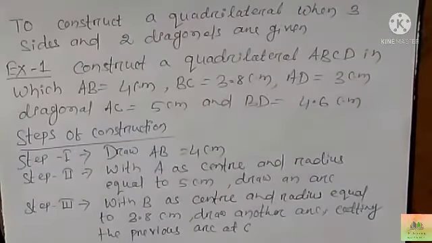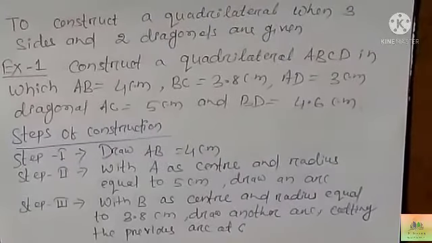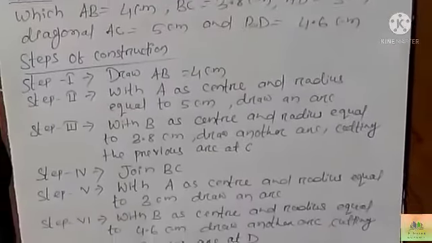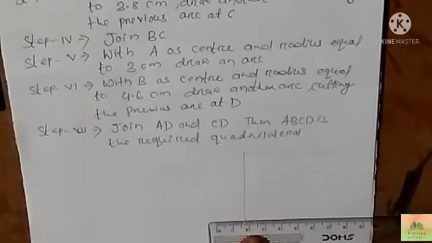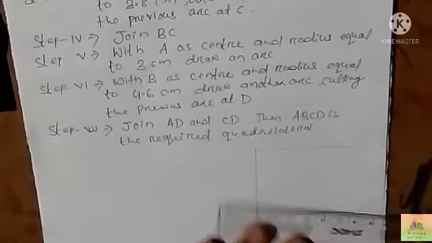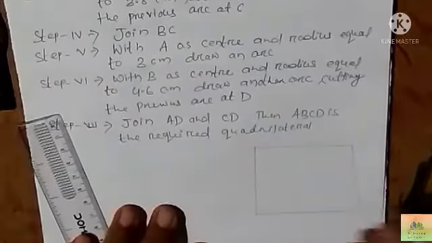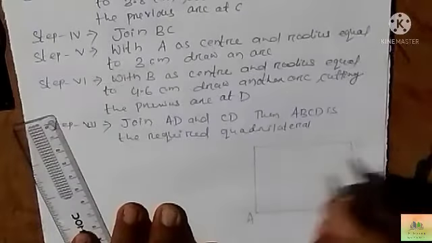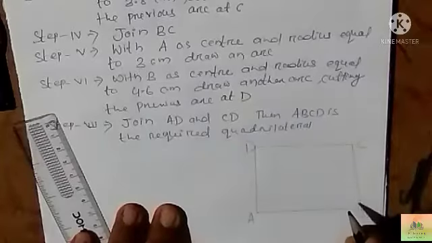Okay, we draw the quadrilateral ABCD. First we draw the rough sketch. So ABCD is a quadrilateral. We name it, suppose A, B, C and D is the quadrilateral. AB is equal to how much?